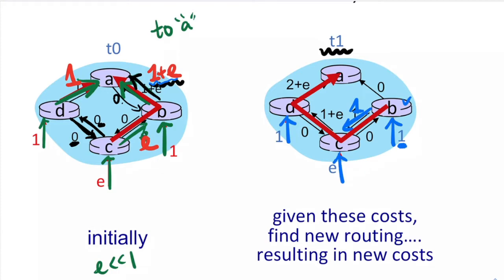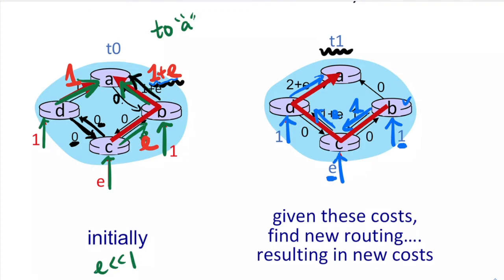Again, for C, at the beginning of T1, it looks at T0, and it says, okay, I have epsilon traffic to send, but it seems like C sending the blue traffic to D and to A has less cost. So C will send the epsilon here, and again D will send its blue traffic here.